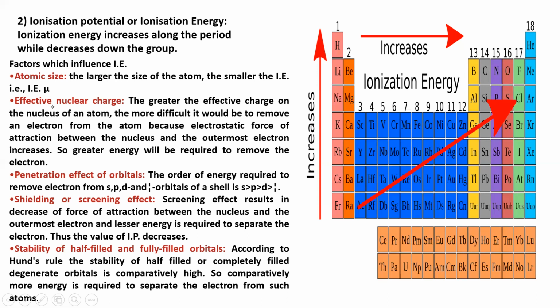Next, effective nuclear charge. So what is effective nuclear charge? If the nuclear charge is more, the greater the effective nuclear charge on the nucleus of an atom, the more difficult it will be to remove the electron from the atom, because the electrostatic force of attraction between the nucleus and the outermost electron increases. So greater energy will be required to remove the electron.